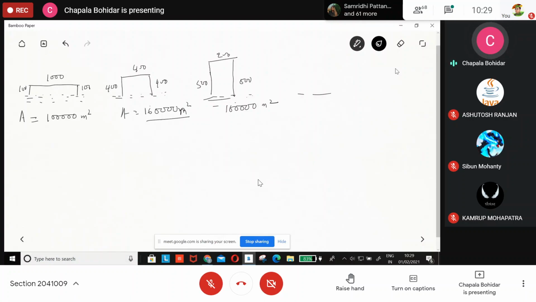It is our river. We put this side as x, this side as x, and this side as y. Your depth is x and your width is y. So what is the area here?